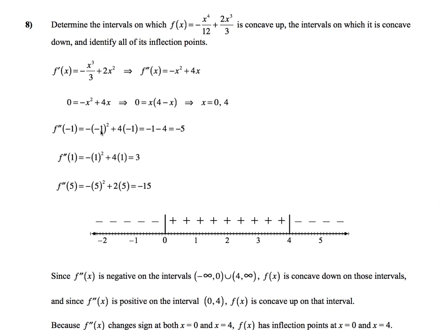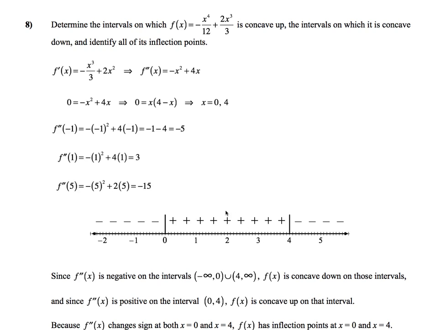And so negative 1 squared is positive 1, but it's negative, and so that's negative 1. 4 times negative 1 is negative 4, so negative 1 minus 4 is negative 5. That means that on this entire interval, from negative infinity all the way to 0, but not including 0, the second derivative is negative, and so we move on to the next interval.